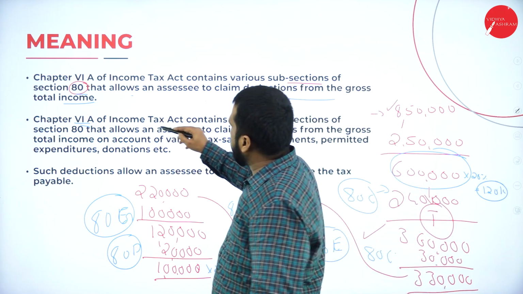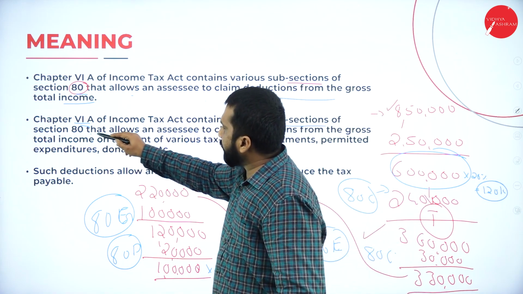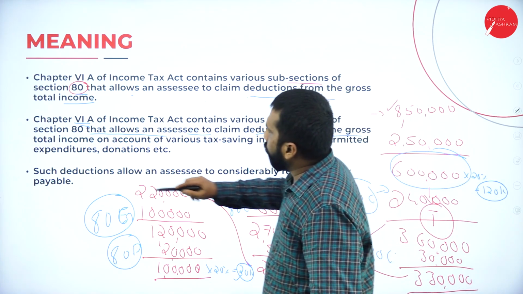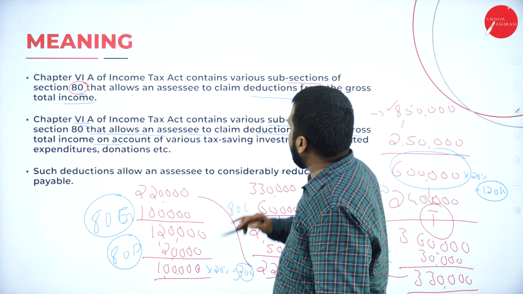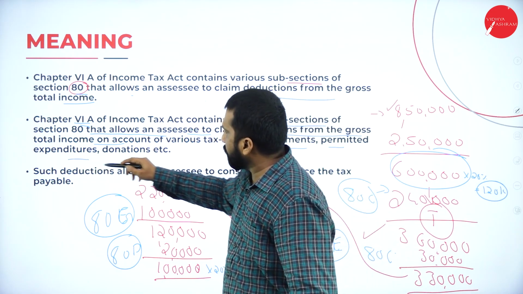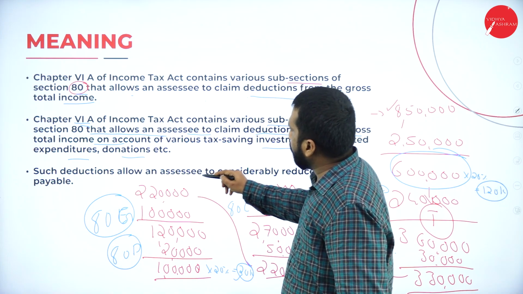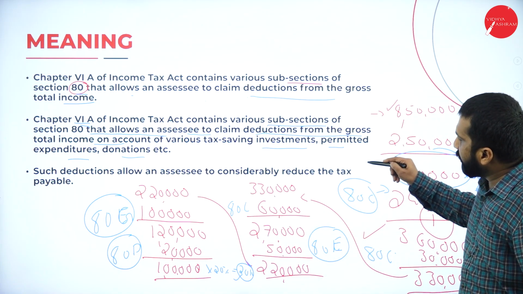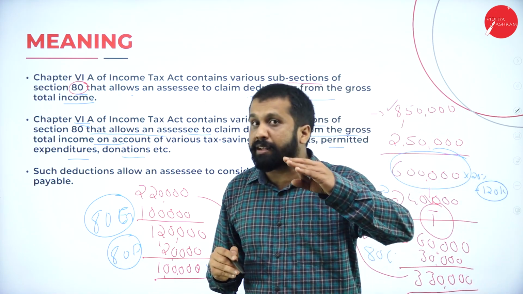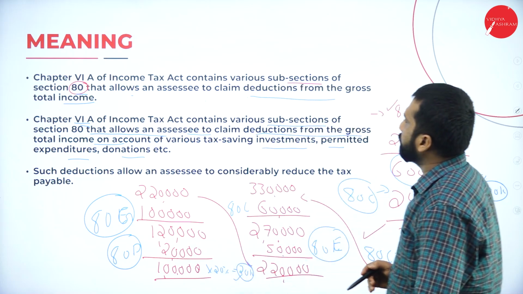The Income Tax Act contains various subsections of 80 that allow an assessee to claim deduction from the gross total income, like investments, permitted expenditures, donations, etc. Such deductions allow an assessee to considerably reduce the tax. What is the use of deduction? It will reduce your tax. Hope you are clear.